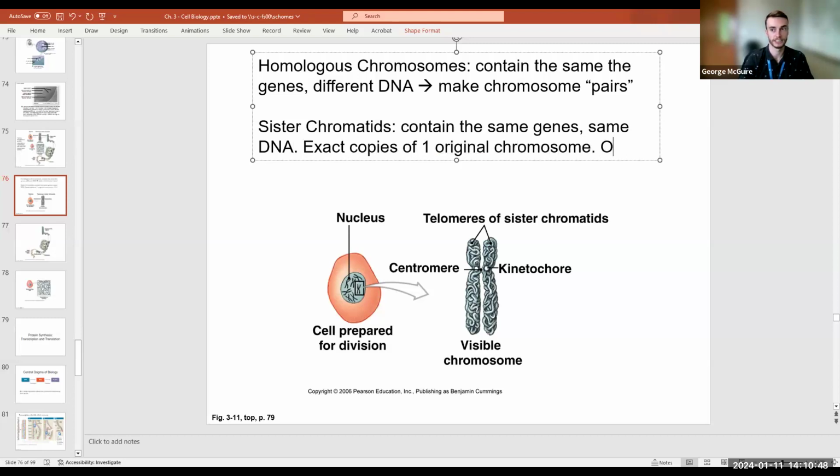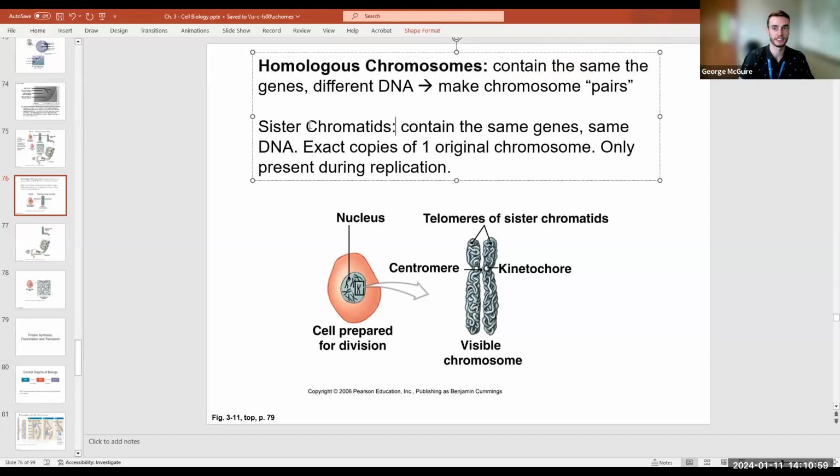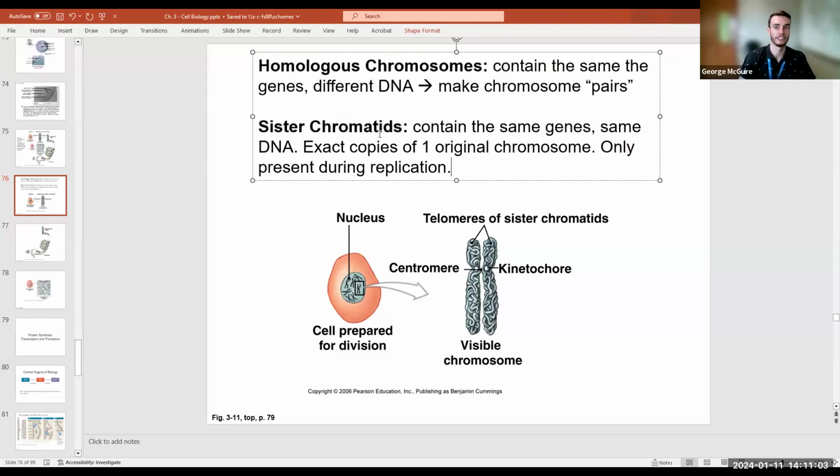But these are only present during replication. So homologous chromosomes are always present in the nucleus, and sister chromatids are only present during replication. These are the exact copies that were made so that we can create two new cells with the same set of DNA that we started with.